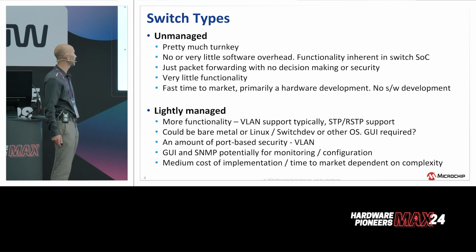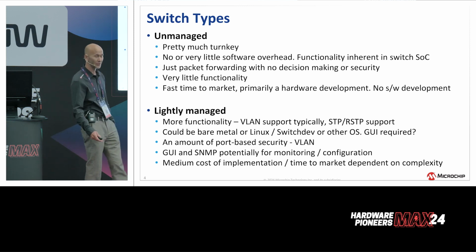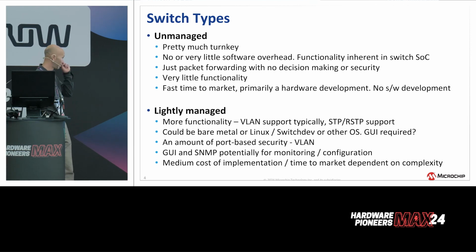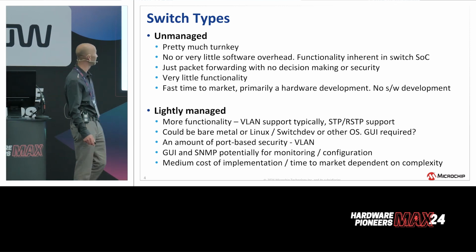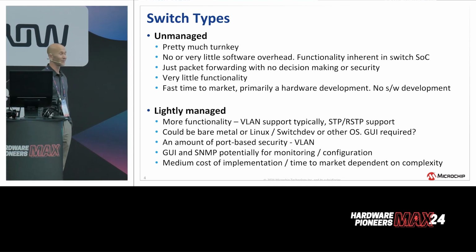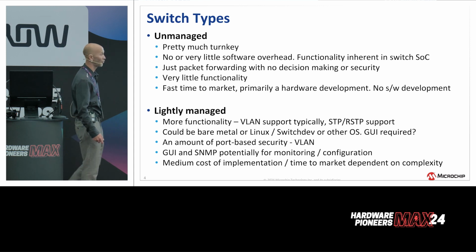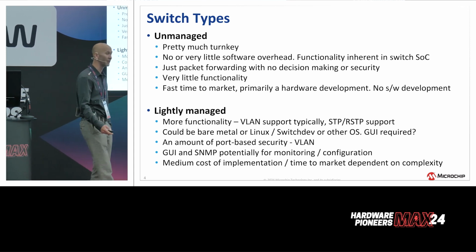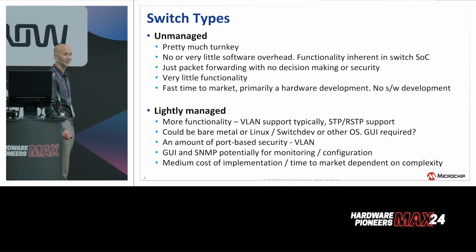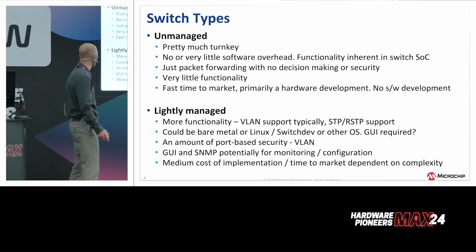It is just packet forwarding. There's no decision making. There's no security generally. Very little improved functionality, but you can do the design in maybe a day. EMC, etc. takes a lot longer, but it's very fast time to market, and primarily a hardware development. Great, really, for audio applications where you want to create an audio switch and sell it for lots of money with very little added benefit.